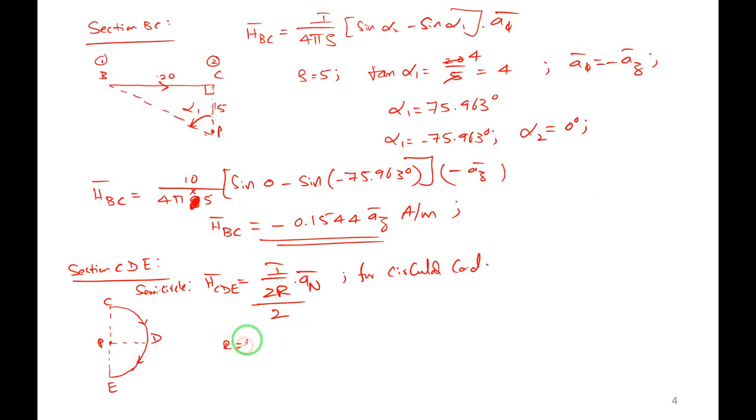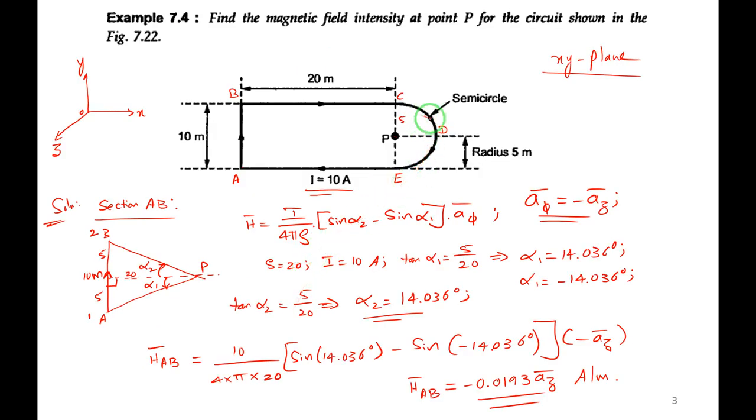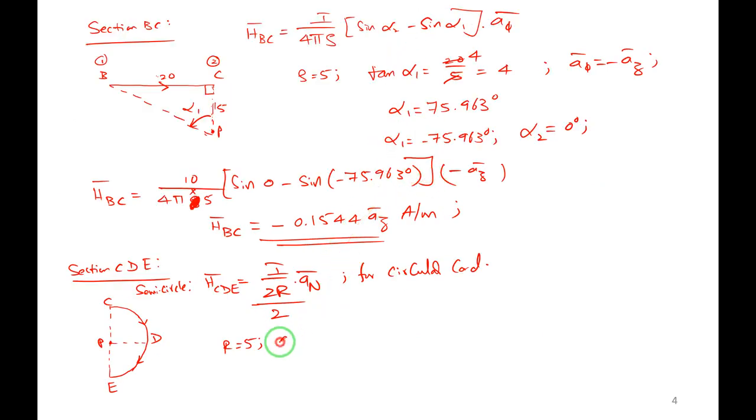Then what about AN? Just observe, they use the right hand thumb rule. Once again, it is going into the PPT, means AN is nothing but minus AZ here. So we will calculate HCDE after substitution. If any doubts are there, please unmute yourself and talk to me, right? So I by 2R by 2 means I by 4R, right?